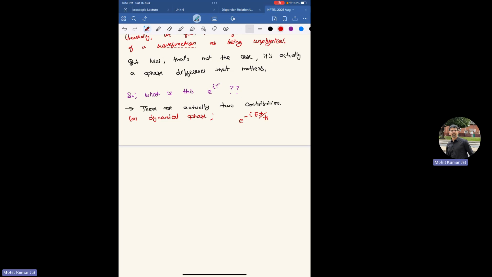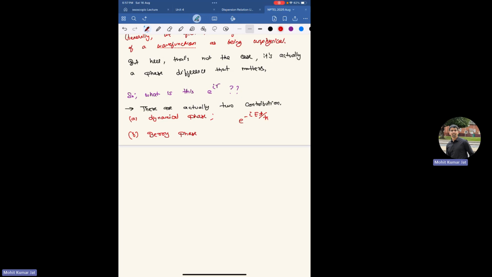And there is another phase, which is the Berry phase, right? So gamma is composed of two phases. We know that the dynamical phase does not matter, it is an unphysical quantity, because eventually when you take the expectation value, the phase disappears, because all the states are evolving in the given time t.